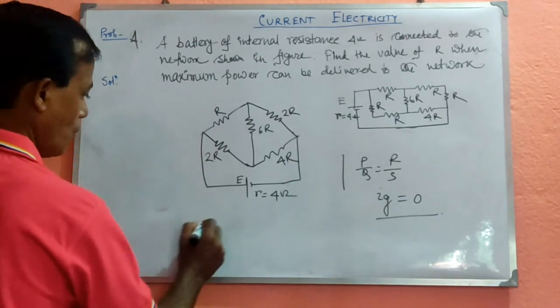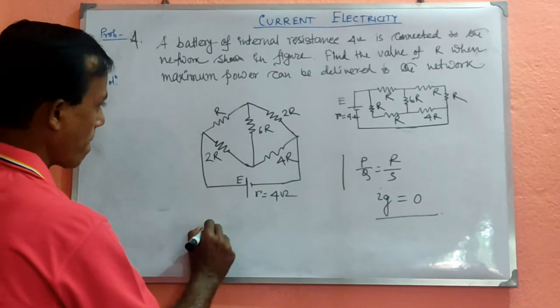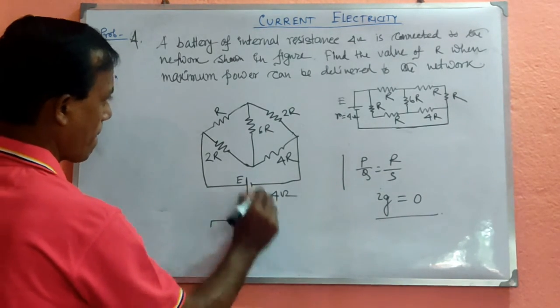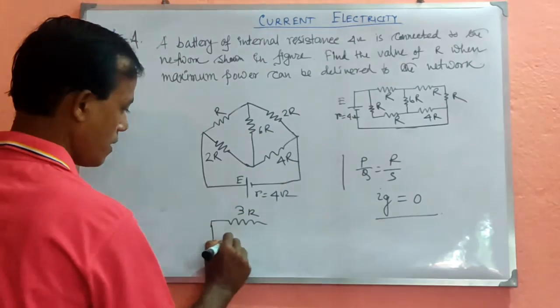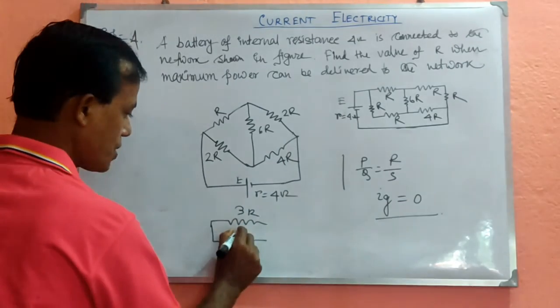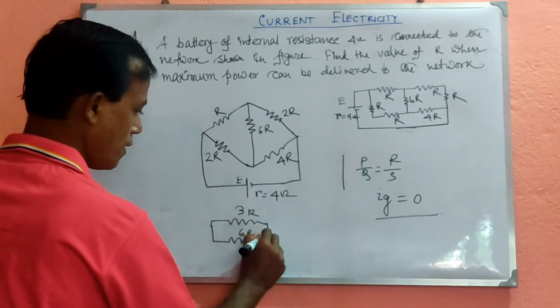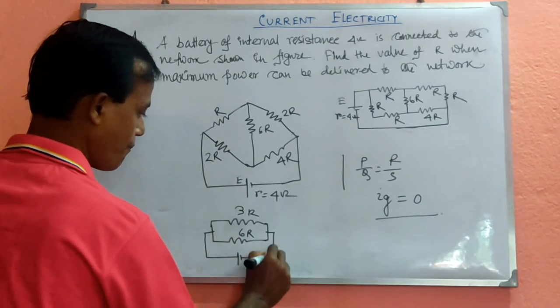Now we have to again modify the circuit like this. R and 2R, 3R, 2R and 4R in series, so 6R, and these are connected with the battery.